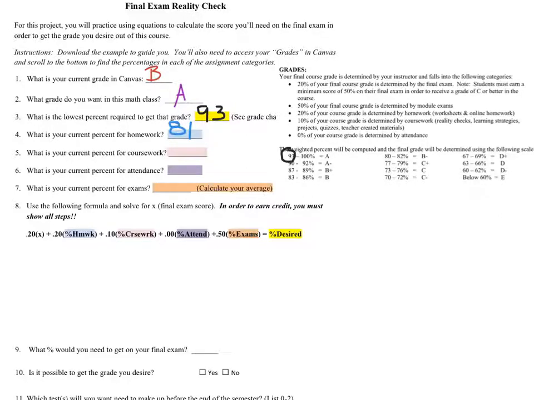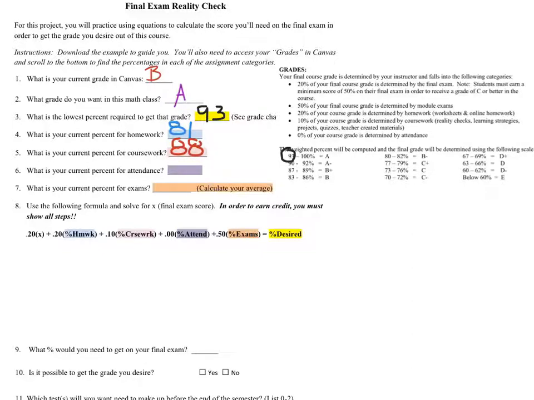Okay. Now, of course, your scores on Canvas may show something differently, but this should work for us. So 81% there. For coursework, I don't know, we'll say like 88%. Okay.